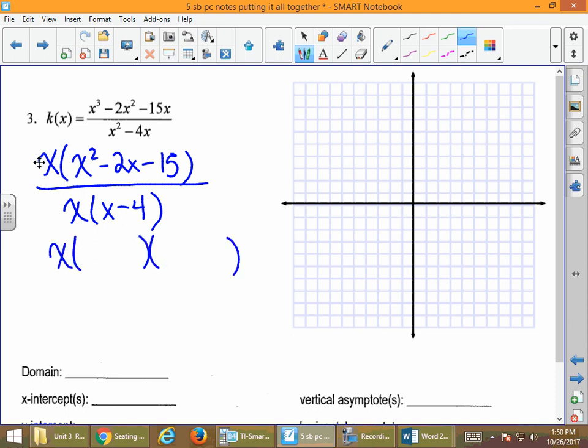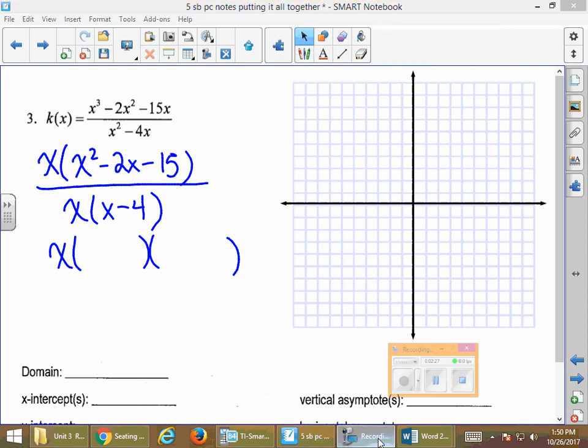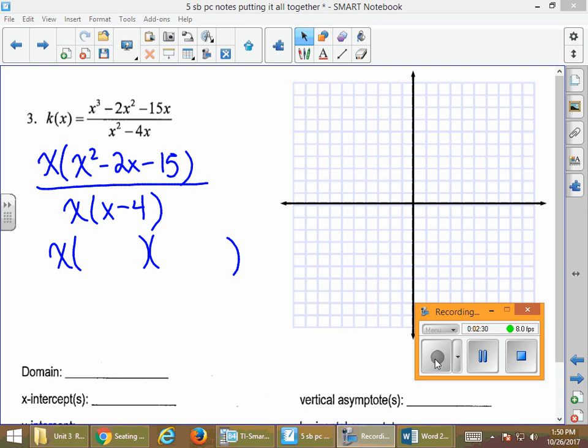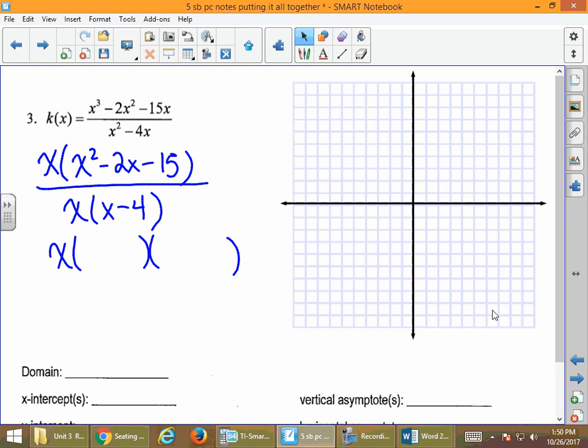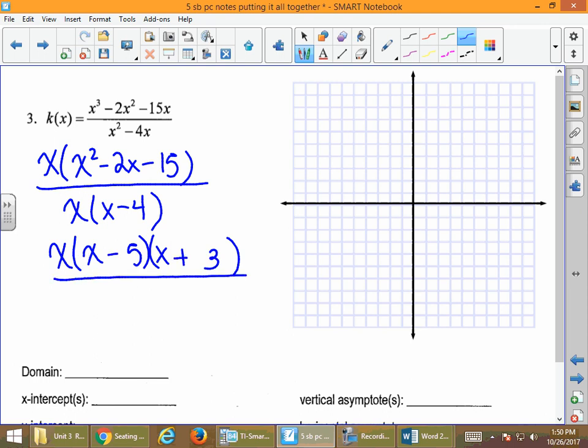Just make a note to yourself that you're going to split the middle. So this becomes x and x, 5 and 3, minus and plus. And x times x plus 4.